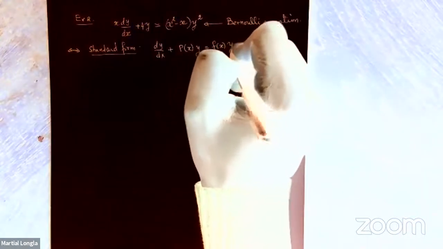You want to see dy over dx plus p of x y equals f of x times y to the power n.